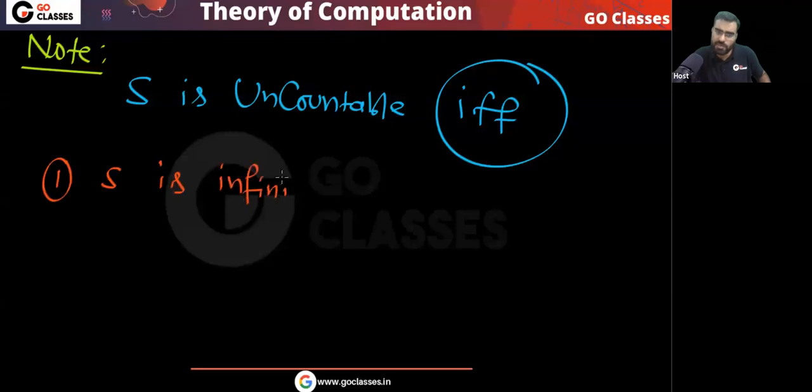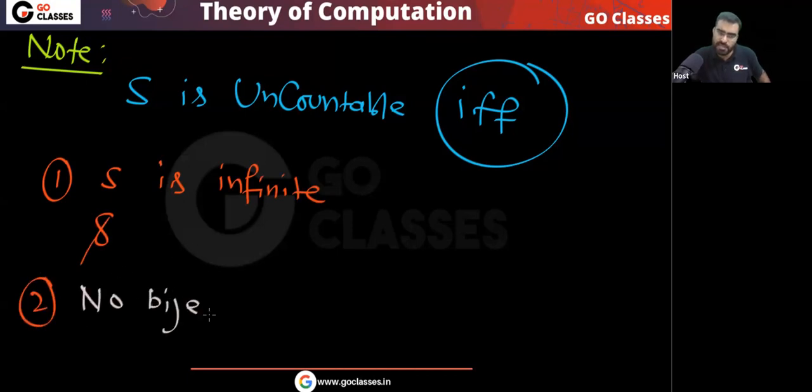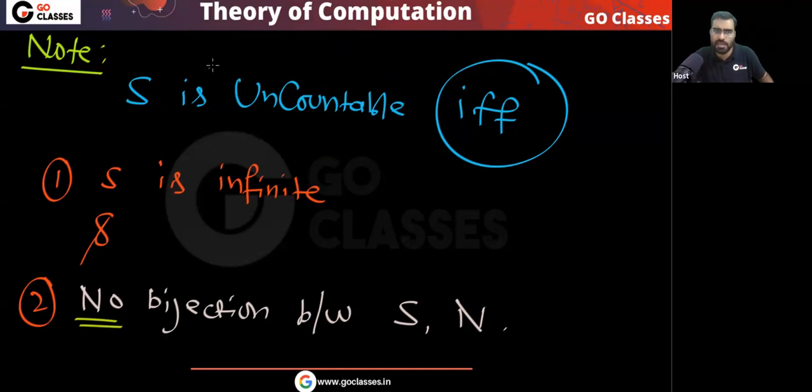First, S must be infinite, and second, there should be no bijection between S and N. This is the definition of an uncountable set. In this situation, you will say that S is not countable.